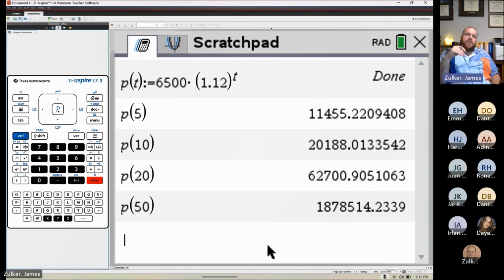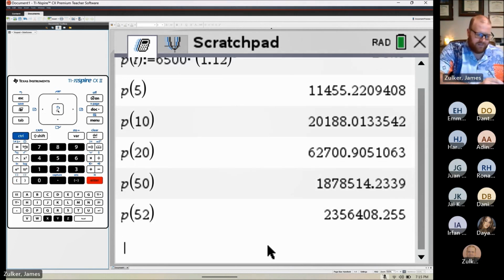Okay, let's have some fun. So let's say you decide you're going to work until age 70. So that's an extra 2 years. You have about $2.3 million.